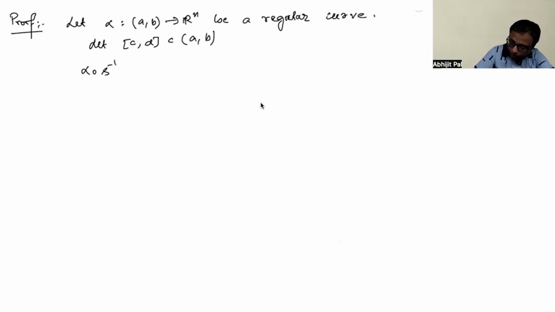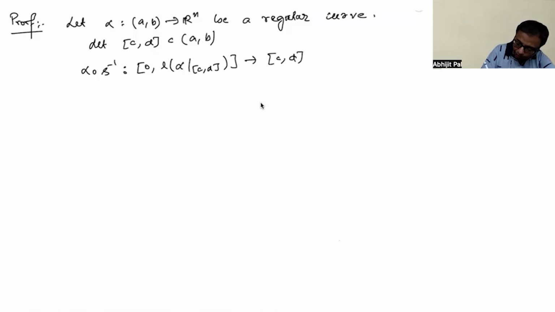Okay. So here note that this S of t is the following integral, where t is varying from C to D. So this alpha compose S inverse is the arc length reparameterization of alpha restricted to CD.